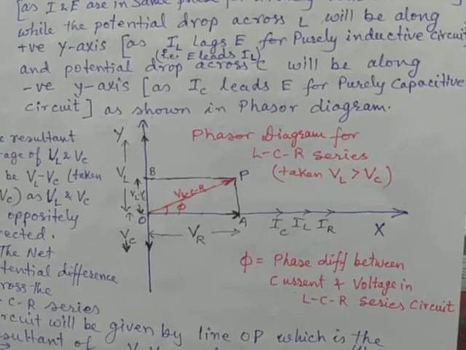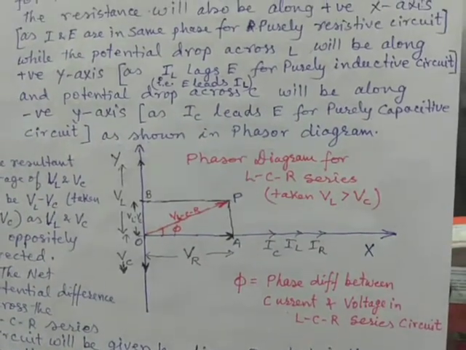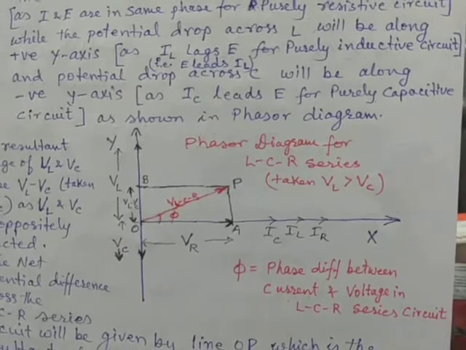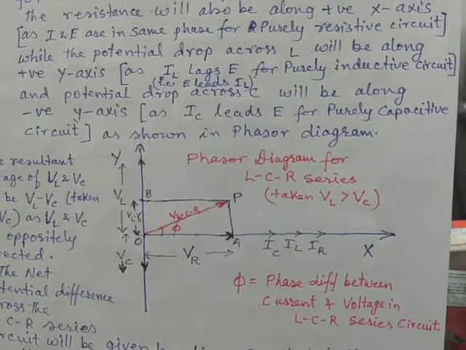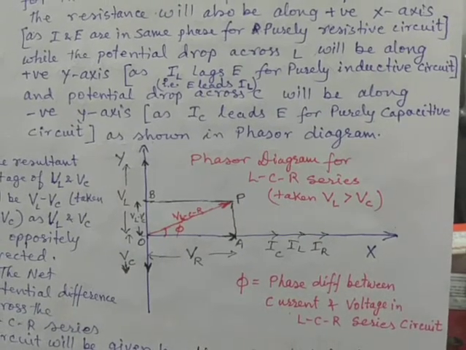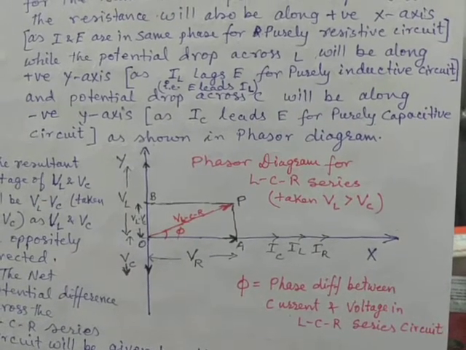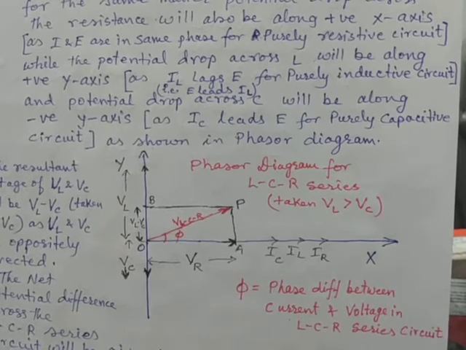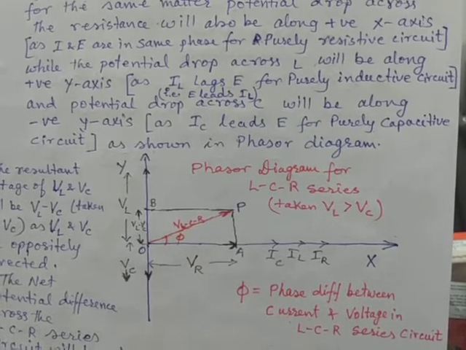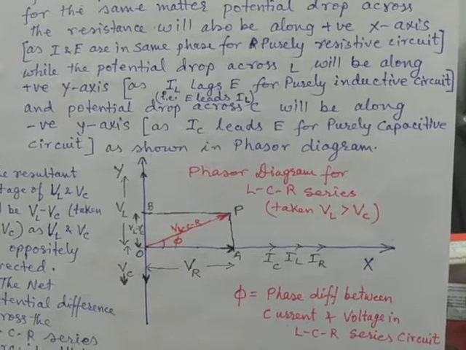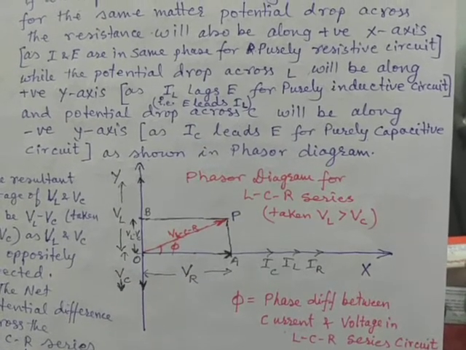Now we already know that in a purely resistive circuit the current and voltage are in the same phase, therefore the potential difference across the resistance is along the x-axis, and the resultant potential drop across the LCR circuit will be the resultant of VL minus VC along the y-axis and VR along the x-axis.